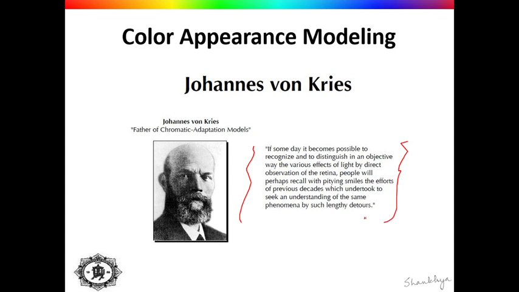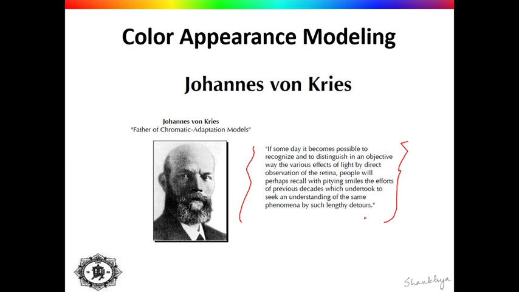But it is very heartening to note at this stage that when von Kries made this statement perhaps a few decades back, even today our eyes and the human retina are not sophisticated enough to determine the effect of changing illumination conditions on the nature of light, on the nature of appearance of color.